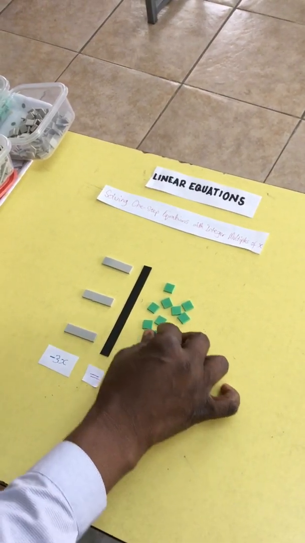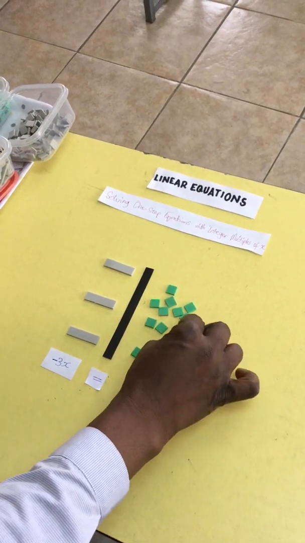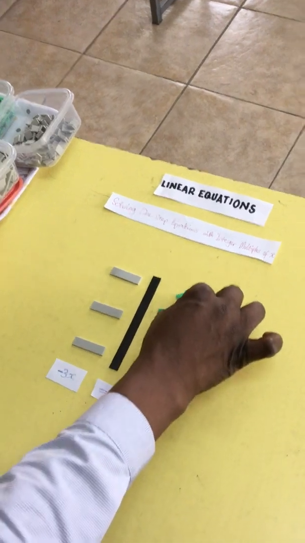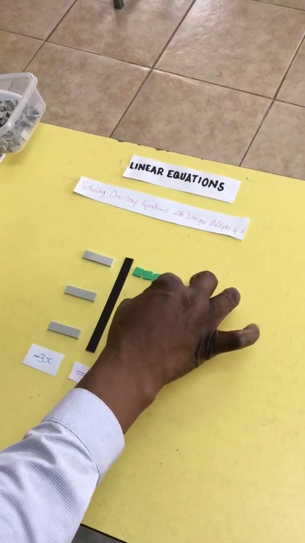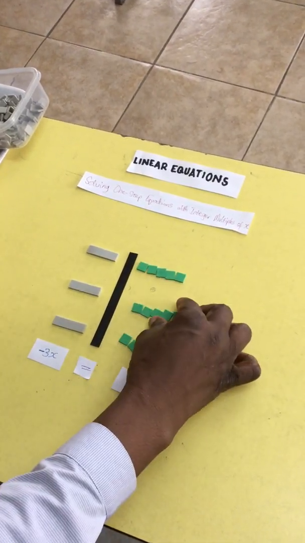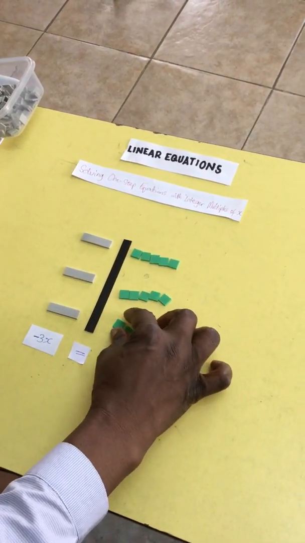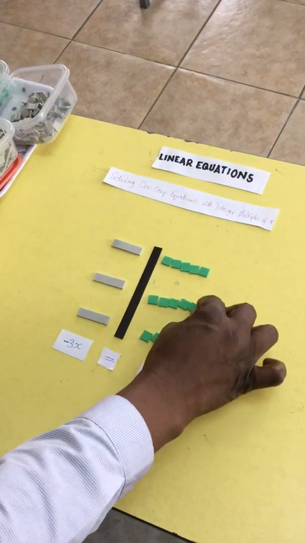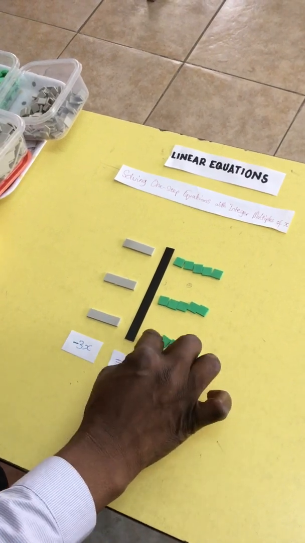One group, two groups, three groups. So we see right away what 1 negative x equals.